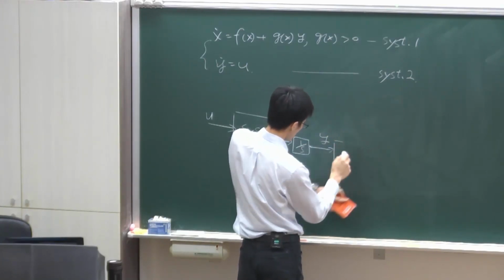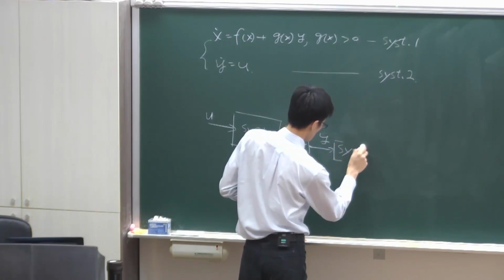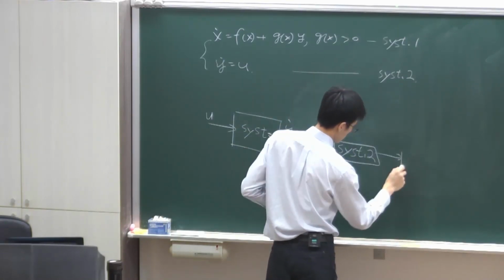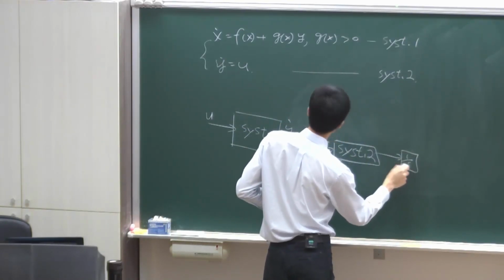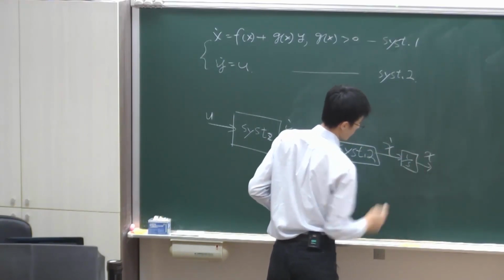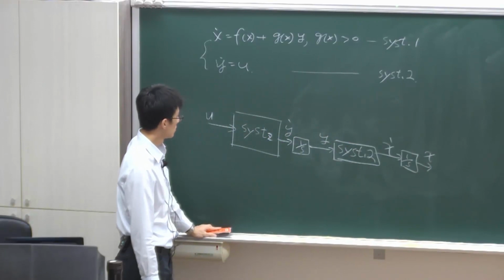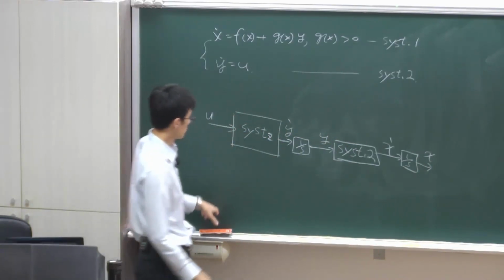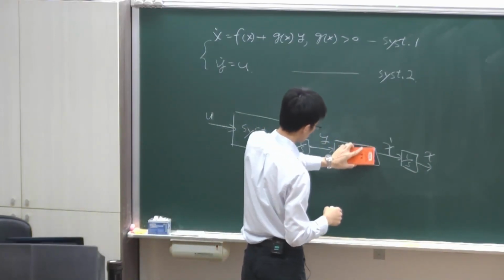That comes out with x dot, and you do the integration, you get x. So basically this is subsystem 2, this is 1.